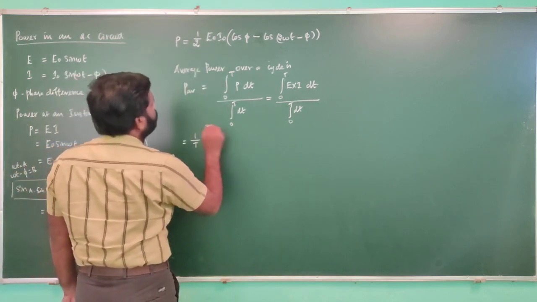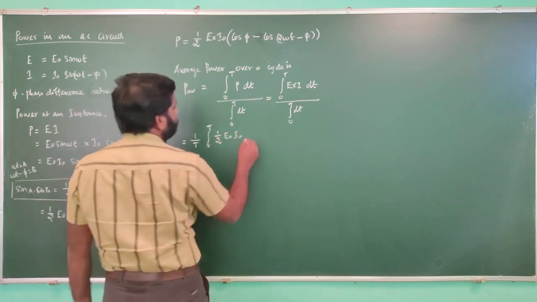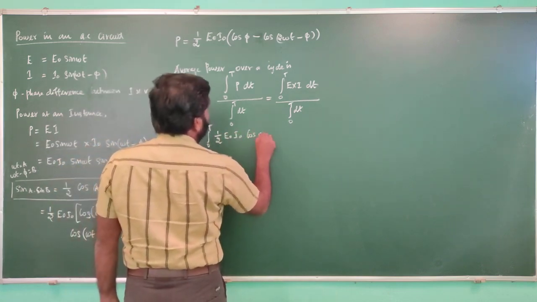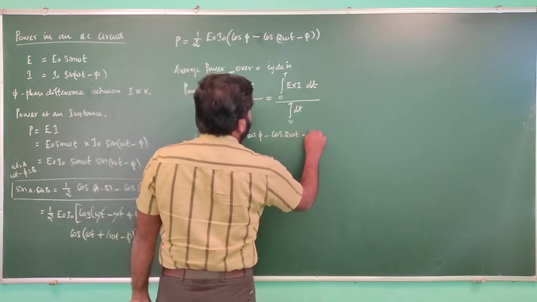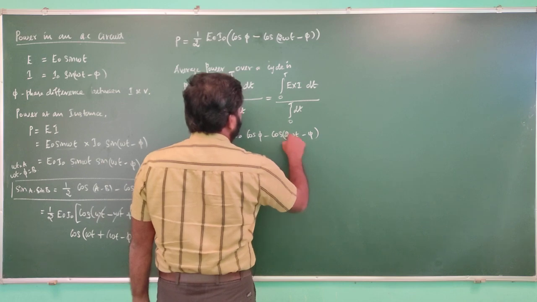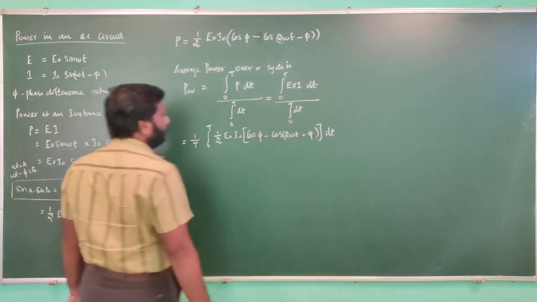1 by 2 E naught I naught times cos pi minus cos 2 omega t minus pi, into dt.